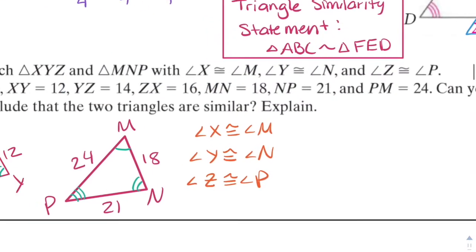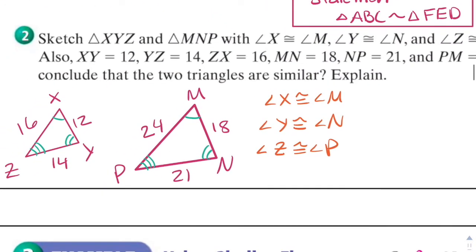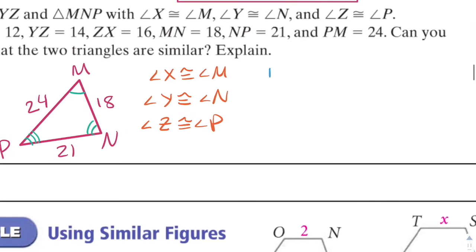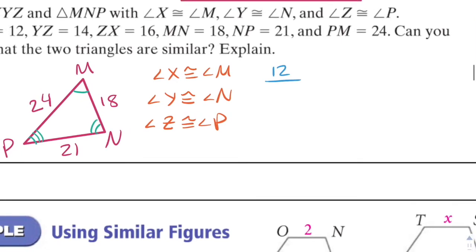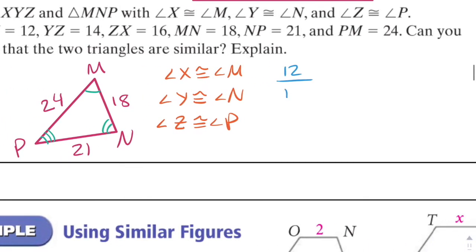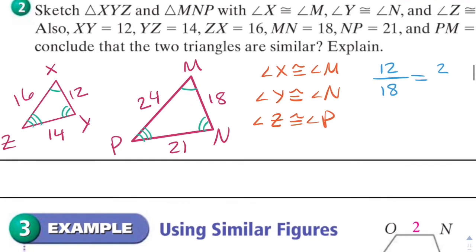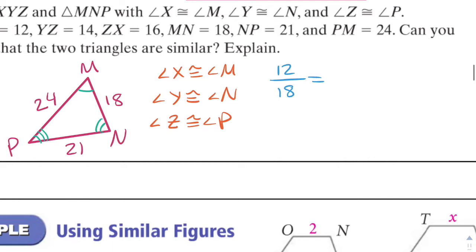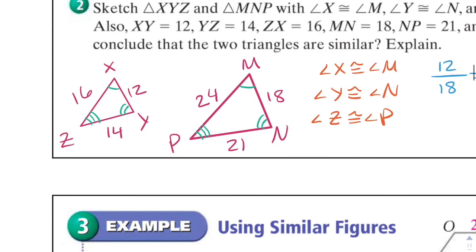It pretty much gave it to me in order, so I'm going to do 12 and 18, 14 and 21, and 16 and 24.